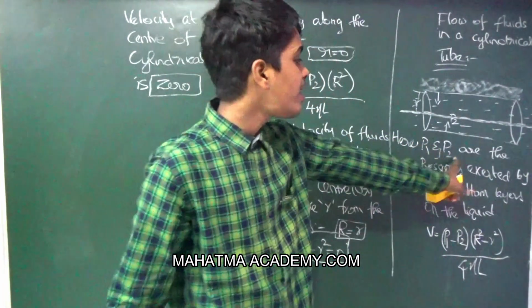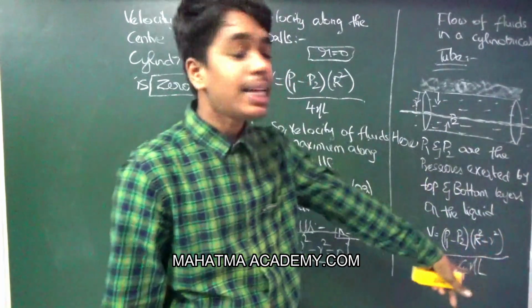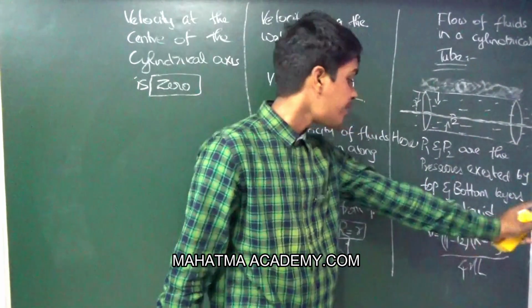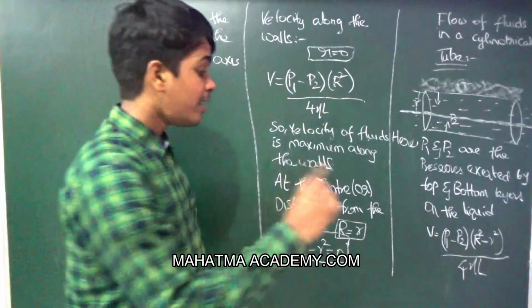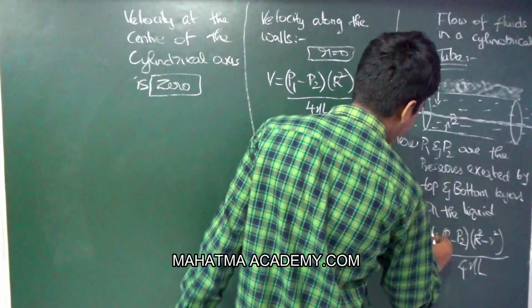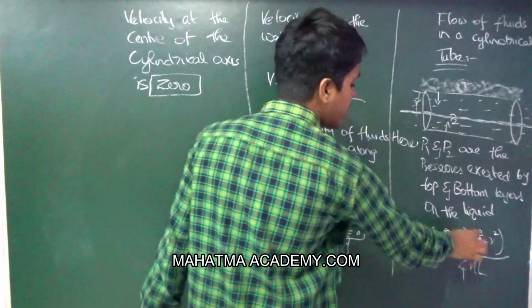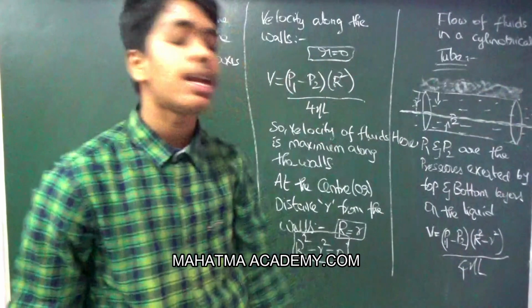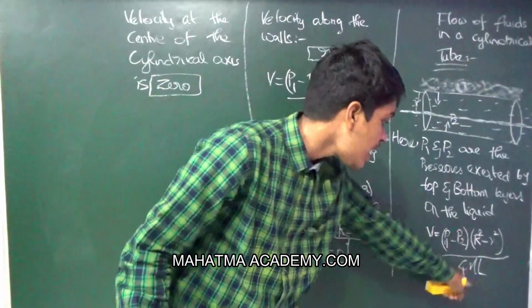Here P1 and P2 are the pressures exerted by the top and bottom layers on the liquid. The formula of velocity is V is equal to (P1 minus P2) into (R square minus r square) upon 4 eta L.